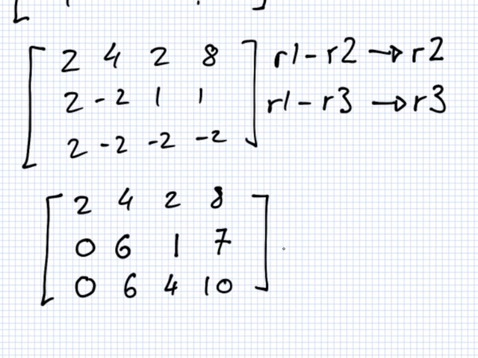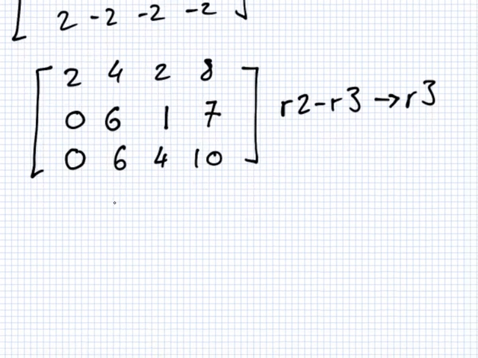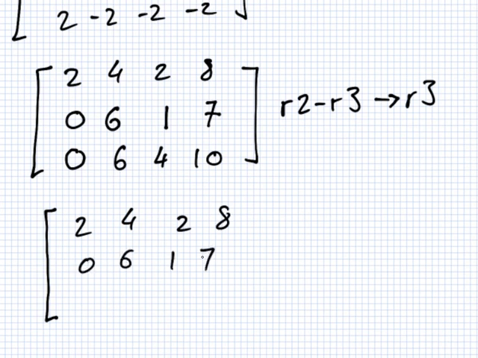Okay. Next I will do row 2 minus row 3 and put the answer on 3. So, which is staying the same here? 1 and 2, aren't they? 2, 4, 2, 8, 0, 6, 1, 7. Okay. 0, 0, minus 3, minus 3.